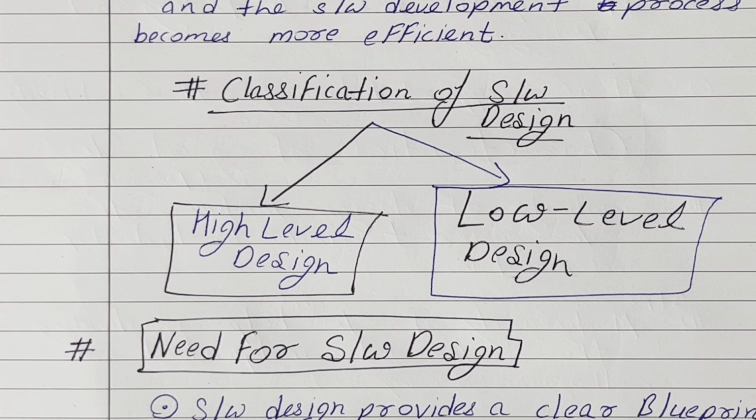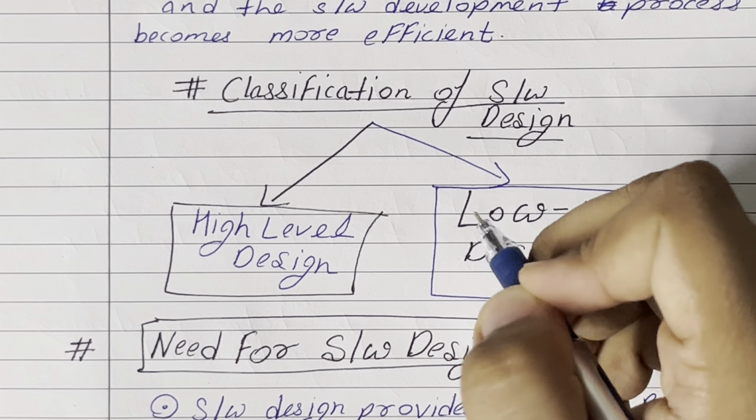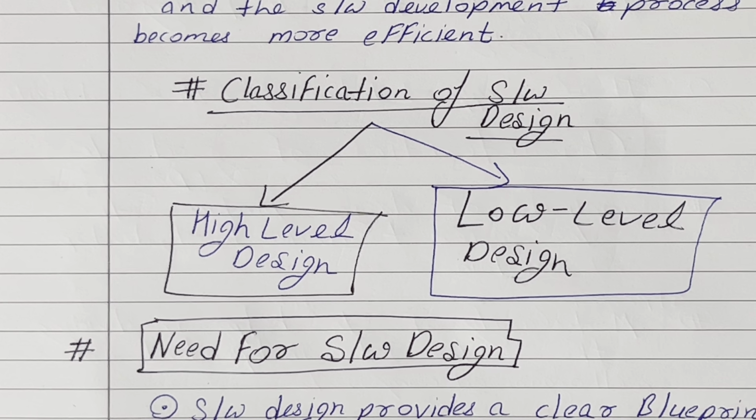Okay, so apart from that, if we talk about its purpose, the primary purpose of high level design is to transform the functional requirements specified in the SRS into an organized architectural framework.